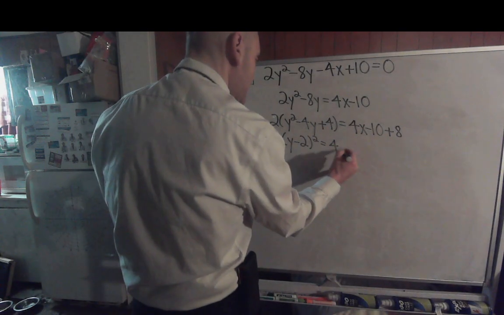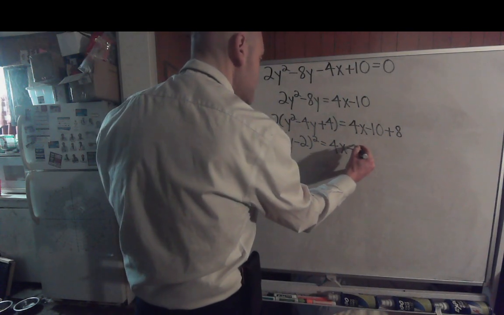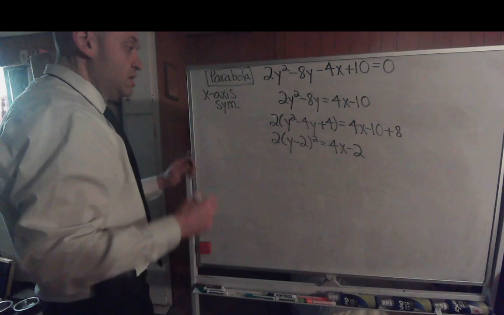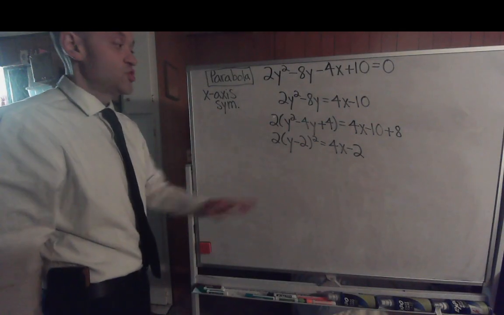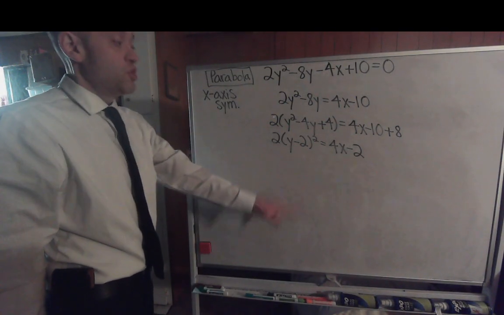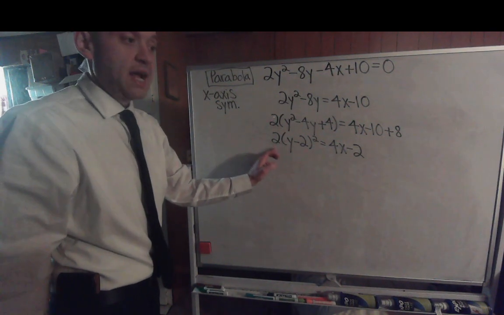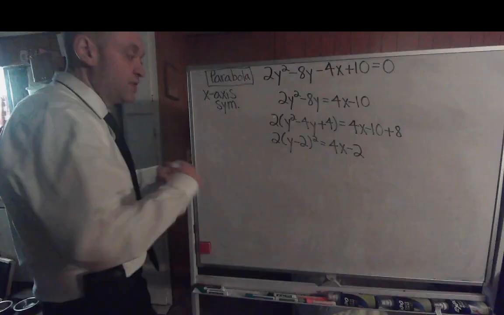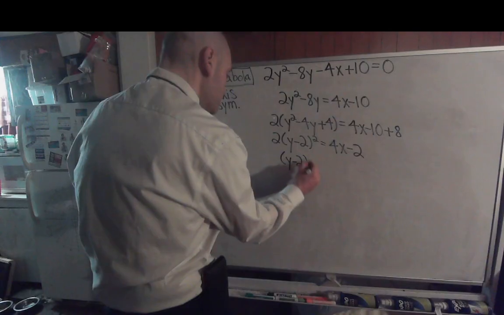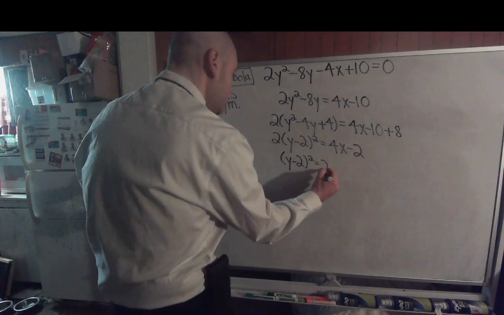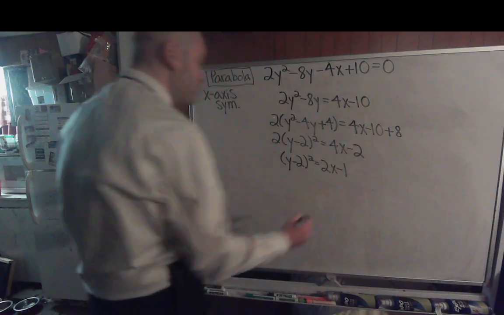equals 4x minus 2. Notice you can divide, and you want to do this because you want your quadratic term to have a coefficient of 1 outside of the parentheses. So divide both sides by 2, and you get (y minus 2) squared equals 2x minus 1.